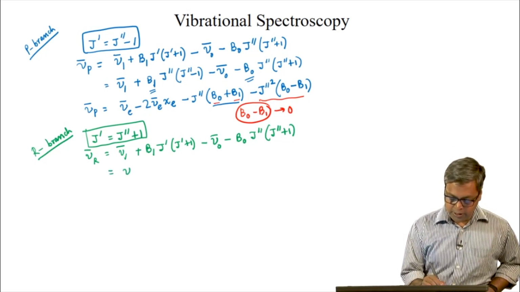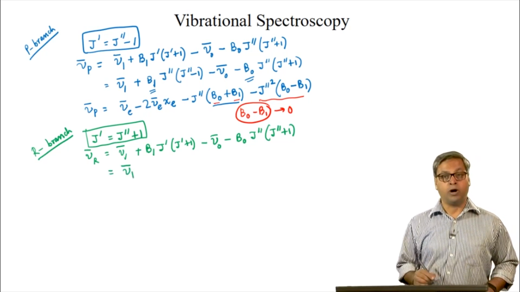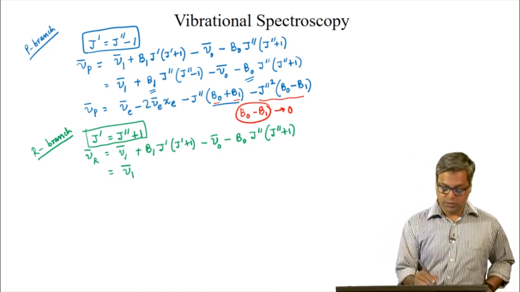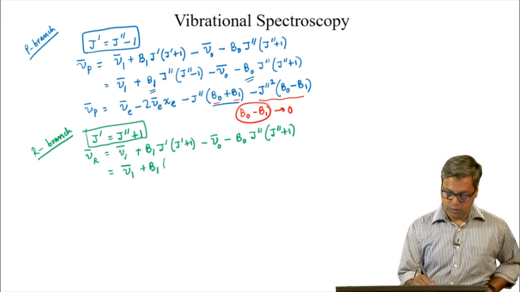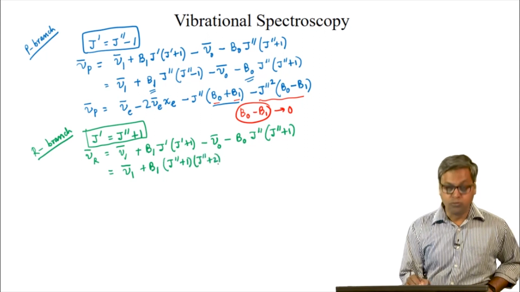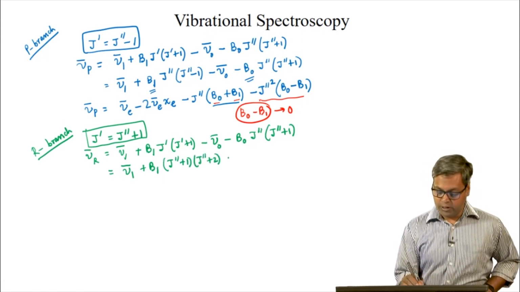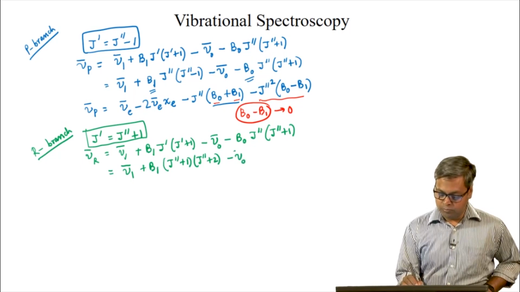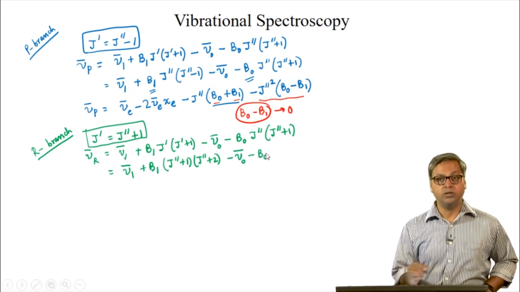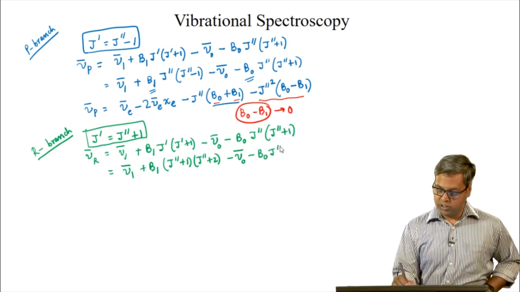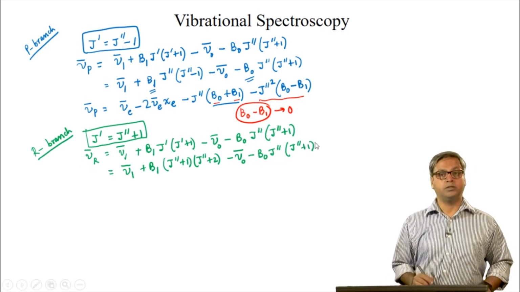We can rewrite this as nu bar 1 plus B 1 times J double prime plus 1 times J double prime plus 2 minus nu bar 0 minus B 0 times J double prime times J double prime plus 1.